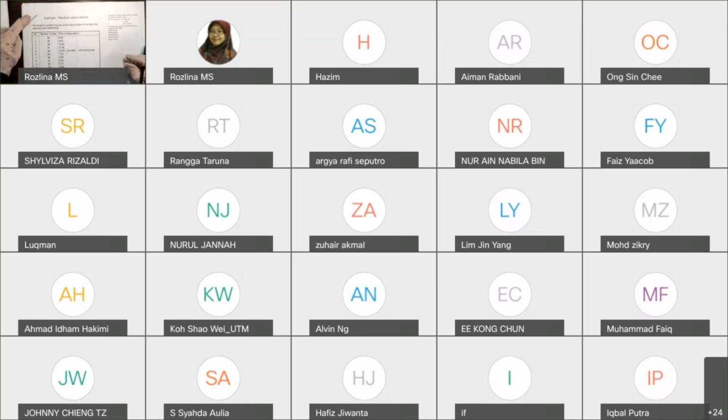Okay, this is activity sampling and how to use the random tables. Okay, random tables ni kalau tengok, dia banyak sangat jadual ni.